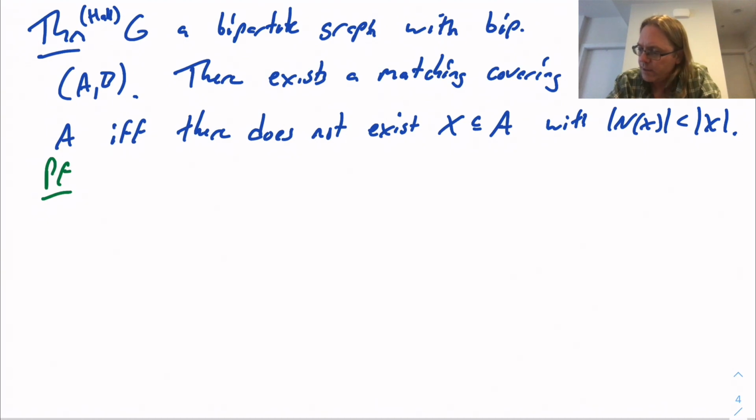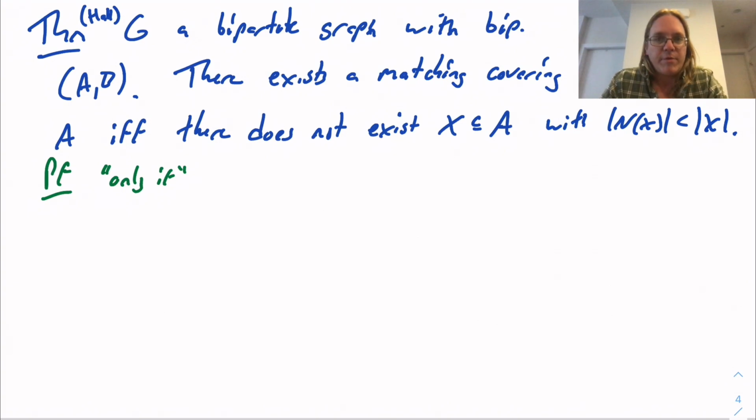Oh, I see. Yeah, okay. Sorry, the only if direction here is trivial, the way I've done this. I stated the theorem slightly differently than I did in the notes. Anyway, in this case, the only if direction is obvious.